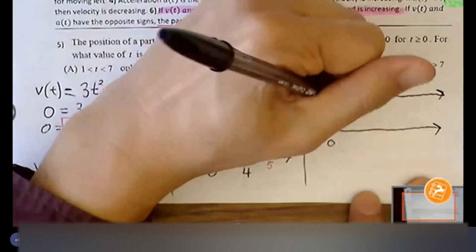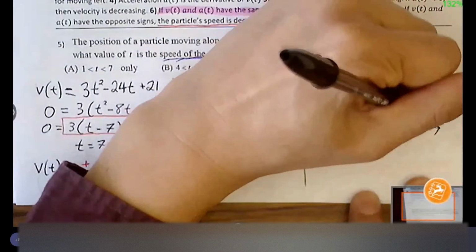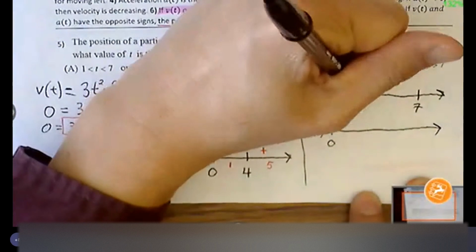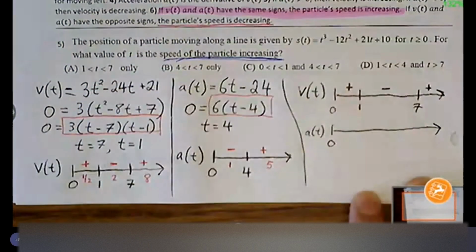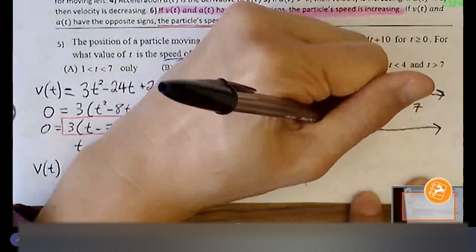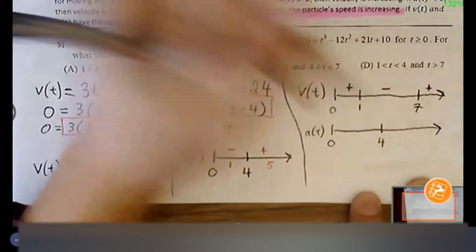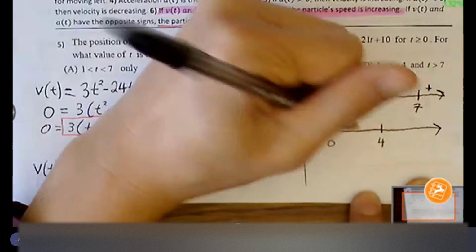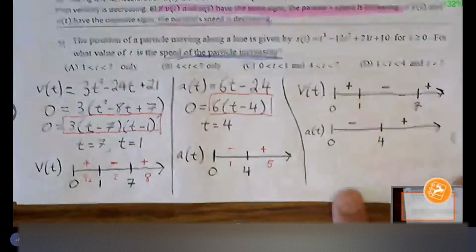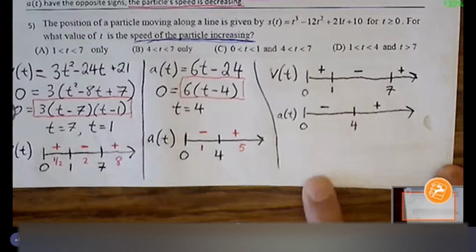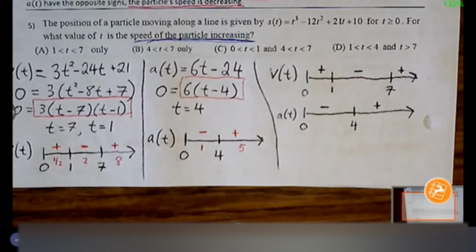So 1 and 7, and 4. All right, so I lined them up as best as I could. Can you identify the intervals where you see velocity and acceleration having the same signs?